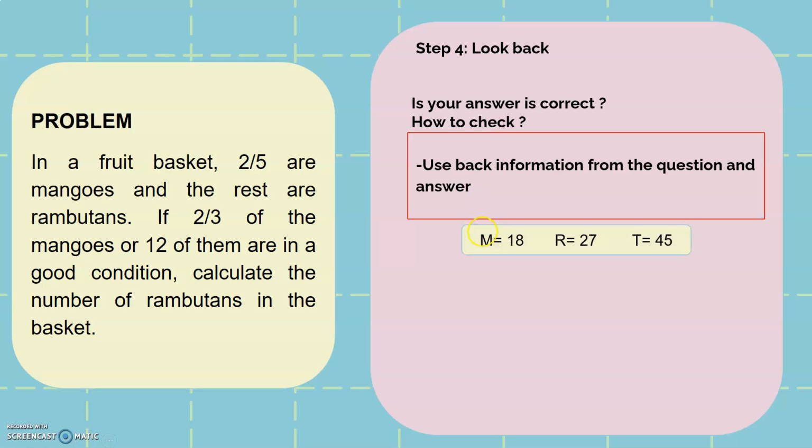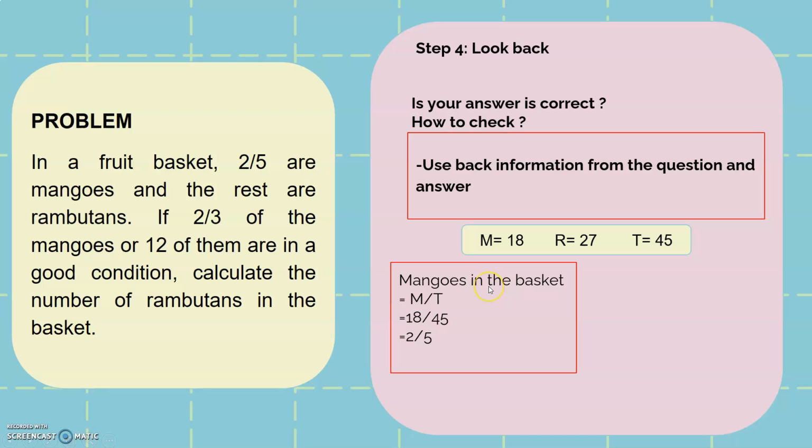Based on their previous calculation, they got m = 18, r = 27, and t = 45. In order to check it, they use the first information they have, which is the fraction of mangoes in the problem given.